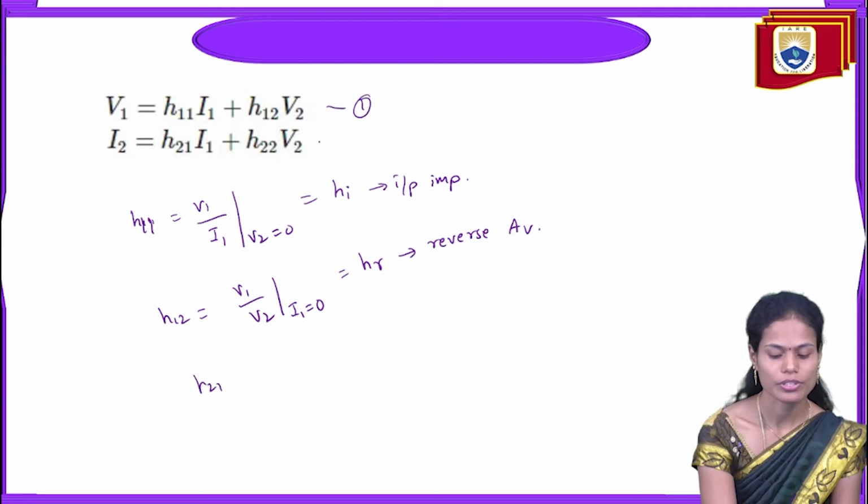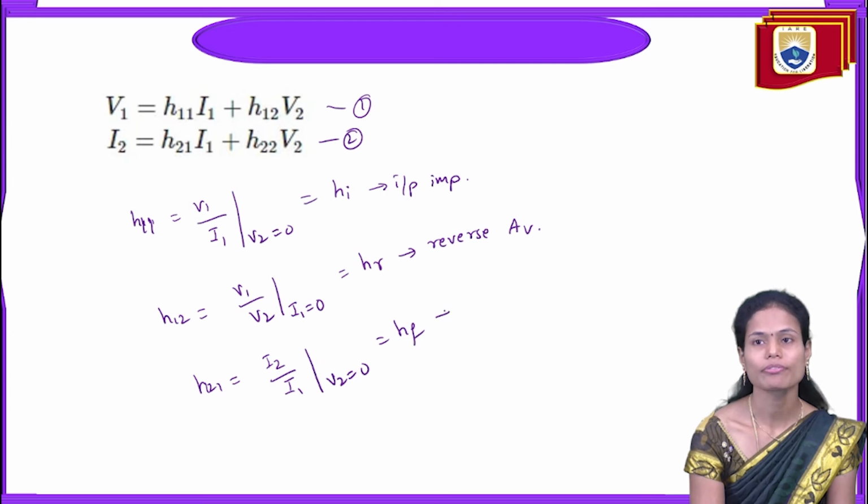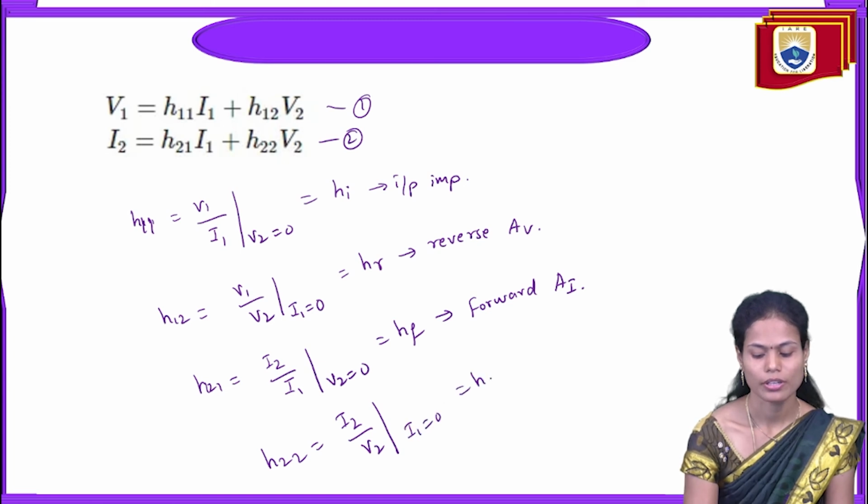This is the first equation, and this is the second equation. H21 is nothing but I2 by I1 whenever V2 equals 0. So this is HF, the forward current gain. And next H22, that is I2 by V2 whenever I1 equals 0. This is the output admittance.